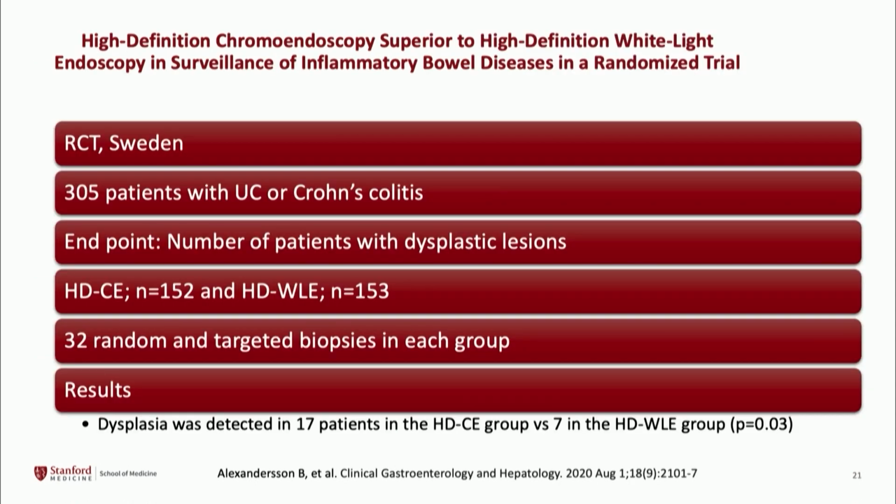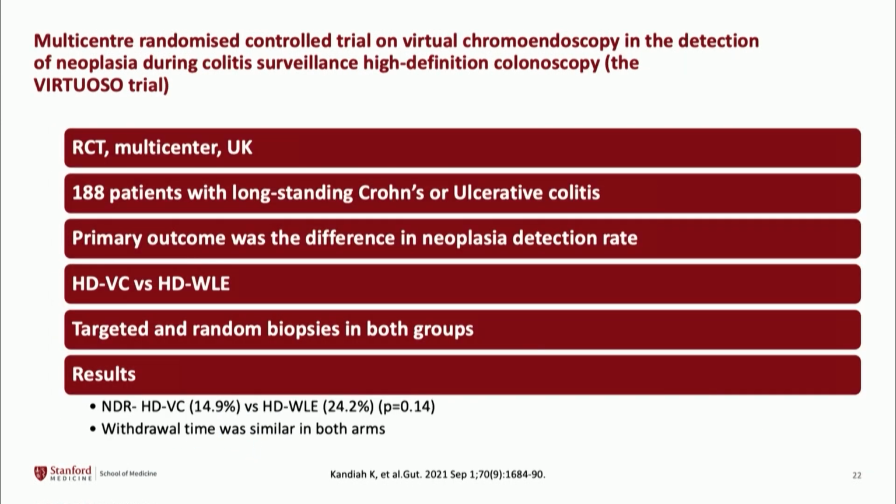So this is one such study, which was an RCT comparing high-definition chromoendoscopy to high-definition white light endoscopy, and they found that the dysplasia detection was much higher in high-definition chromoendoscopy compared to high-definition white light endoscopy. And this was another study looking at high-definition NBI versus high-definition white light endoscopy.